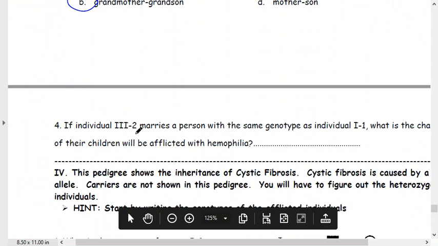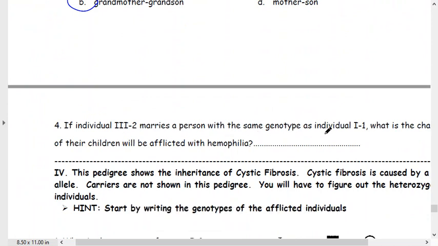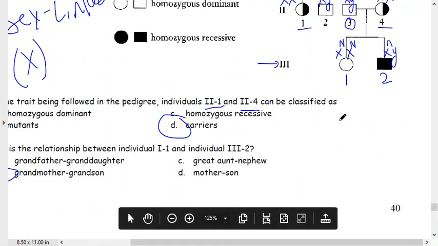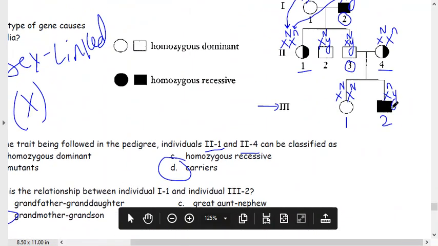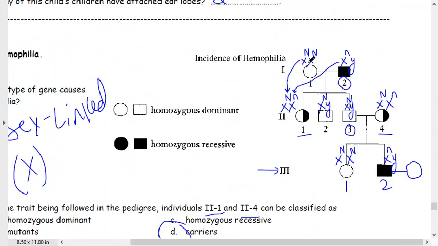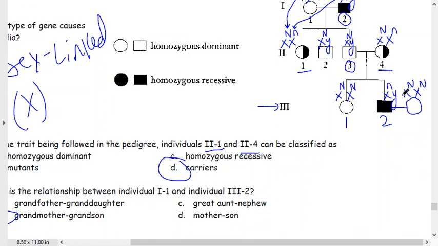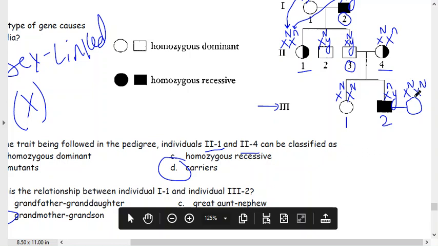Last one, if individual 3, 2 marries a person with the same genotype as individual 1, 1. So I'll put someone over here. And that person was homozygous normal. Whoa, okay. Homozygous normal, but let's just go ahead and do the Punnett square.